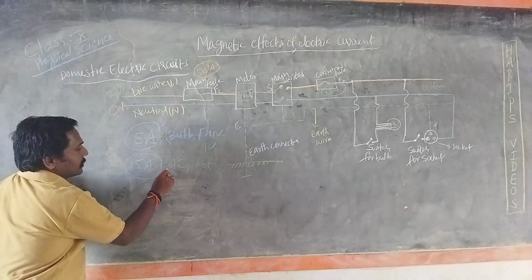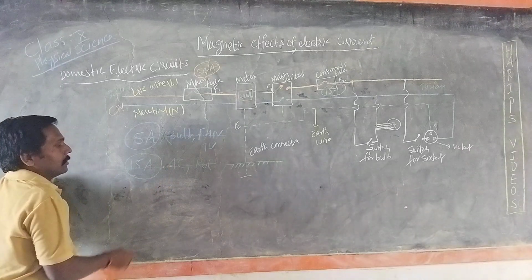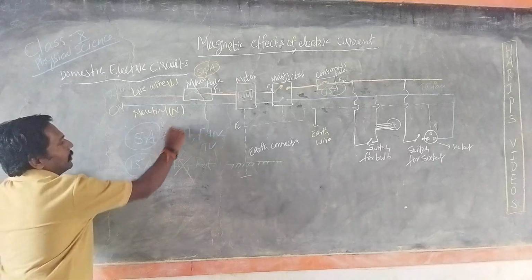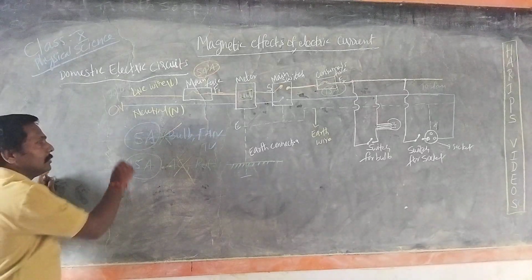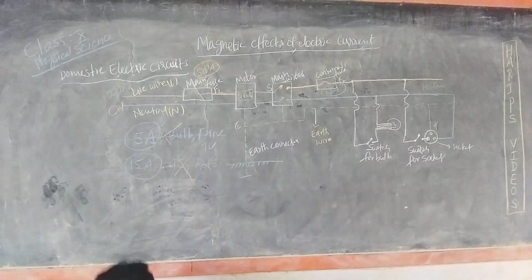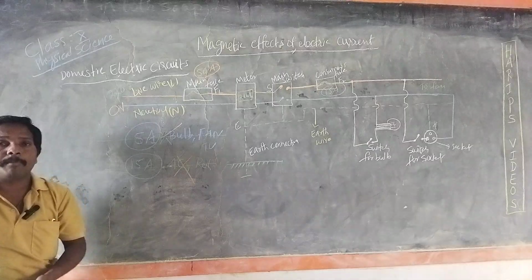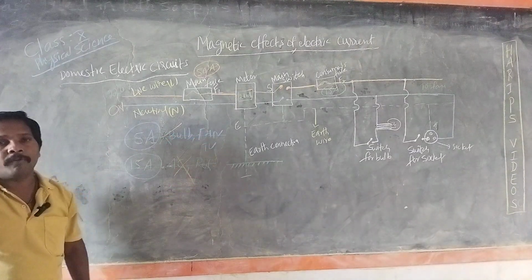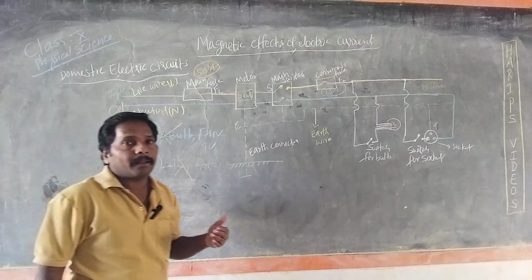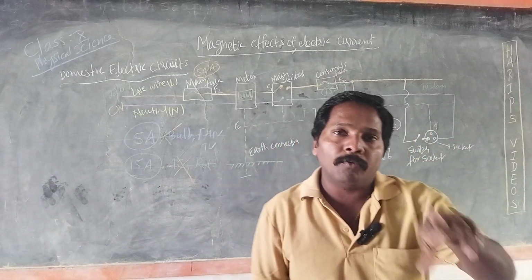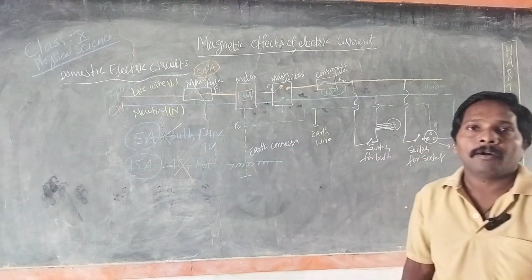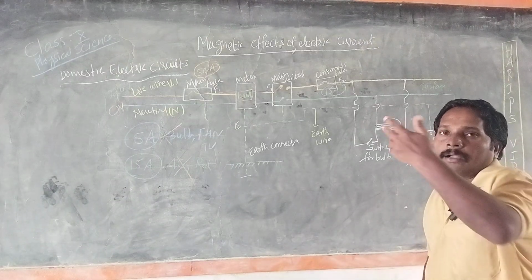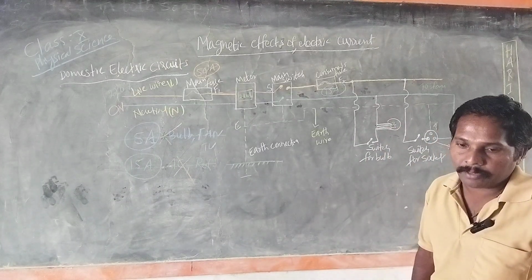If this circuit breaks, then this circuit does not work at all, but the remaining works. This is because all the electrical appliances are connected in parallel. We know very well that in a parallel connection, if any one connection is opened, the remaining works as usual.